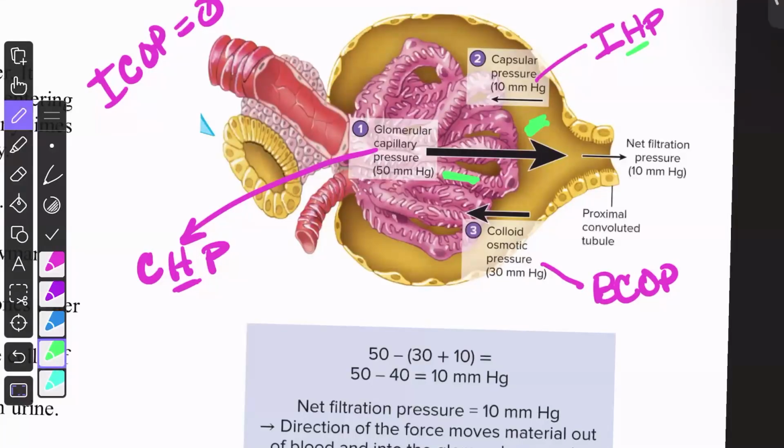This is the one that's often hard for students to get because of the way that it's designed in this figure. Where is this happening? It's the other way. Yes. Blood colloid osmotic pressure is caused by the large proteins, primarily, that are inside of the capillaries, right?